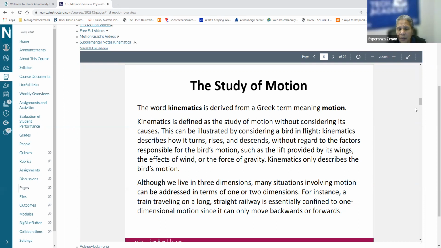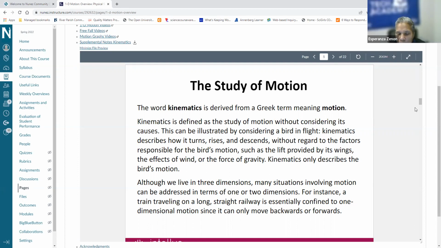And so, of course, you and I know that we live in a three-dimensional world, but as I mentioned from the outset, what we try to do at this level of a course especially is look at this motion from a simpler perspective. In particular, we're going to focus on one dimension this week, and then we'll get the tools that we'll need to be able to describe more difficult motion like two-dimensional motion.